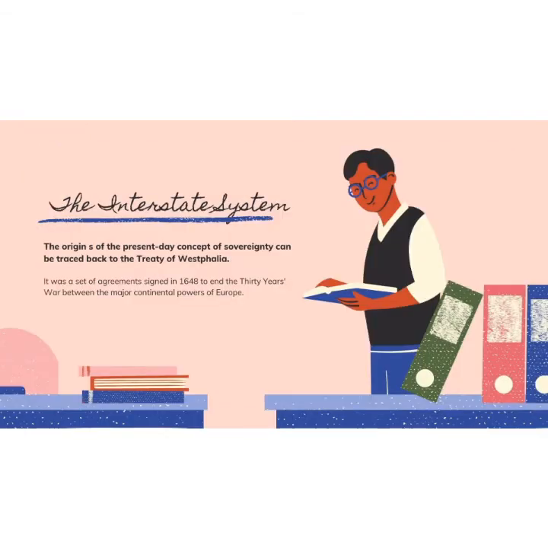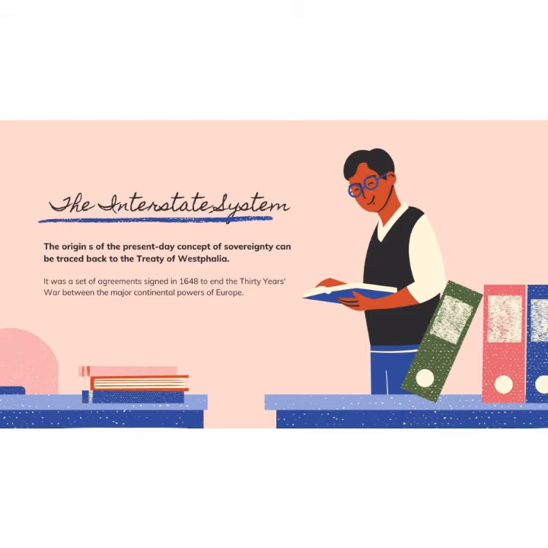The origins of the present-day concept of sovereignty can be traced back to the Treaty of Westphalia, which was a set of agreements signed in 1648 to end the 30 Years' War between the major continental powers of Europe.